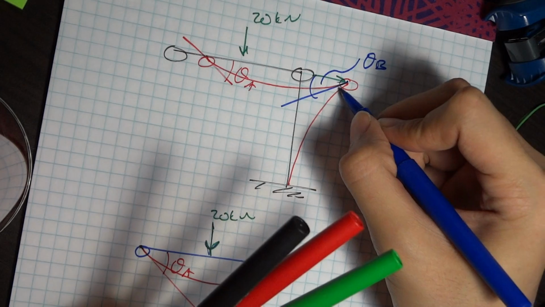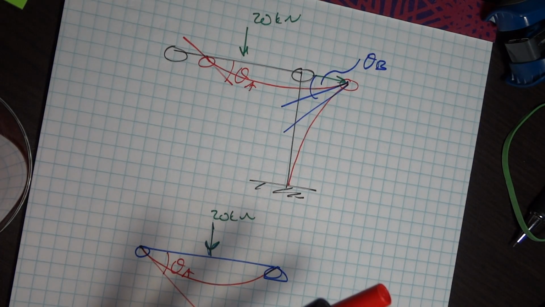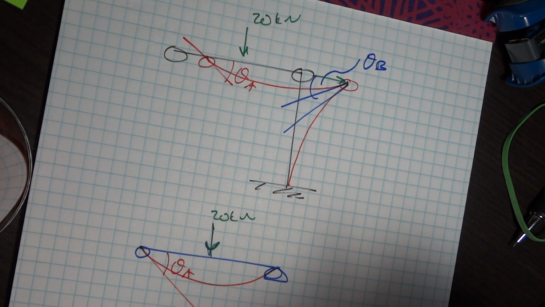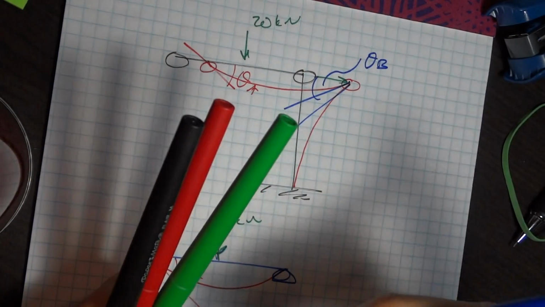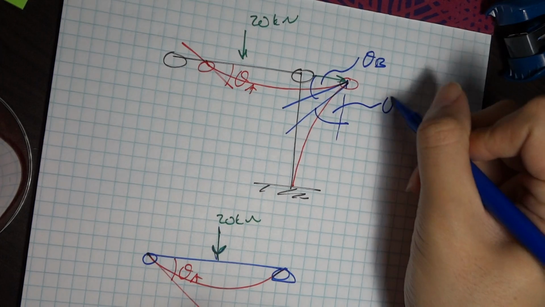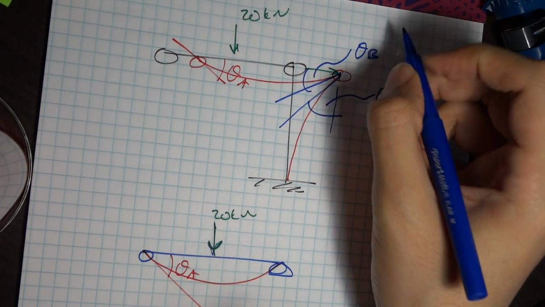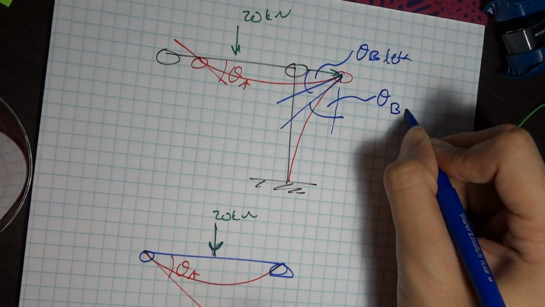We have that theta, and we also have this theta, correct? And I'm trying to see here, this should be measured with respect to theta B left, theta B bottom.